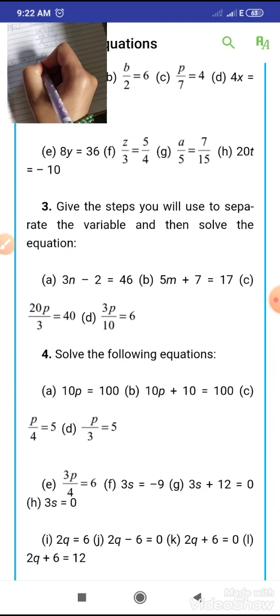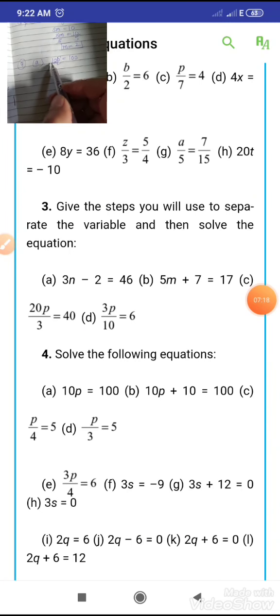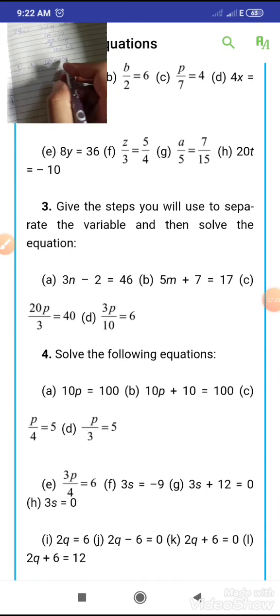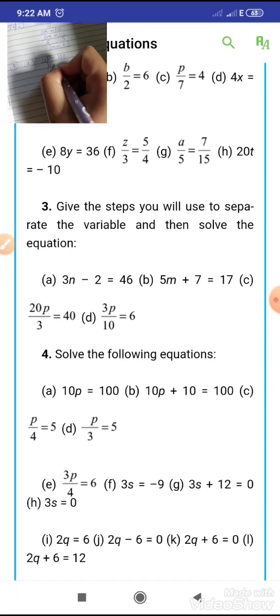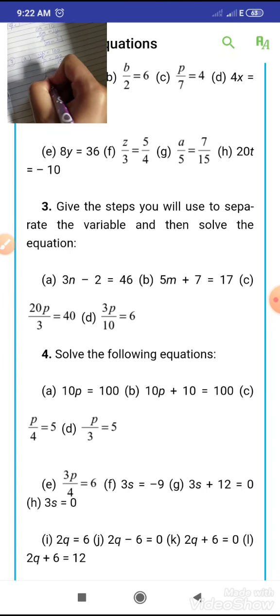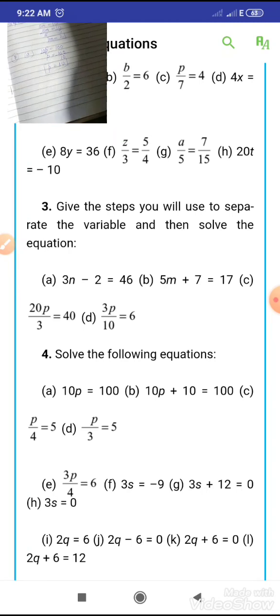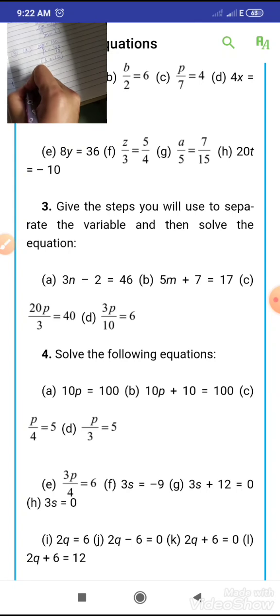So we are going to move 10 from the left hand side to the right hand side. After moving 10 from the left hand side to the right hand side, it becomes 100 divided by 10. So we have p is equal to 10, and it is the solution of the first equation.